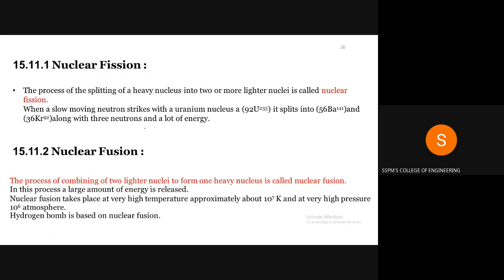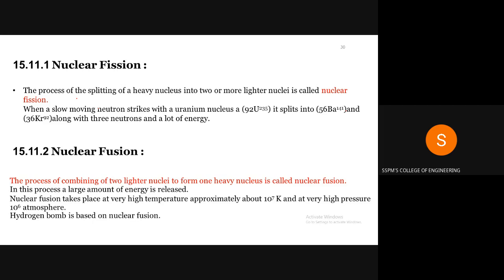Next one, nuclear fission. The process of splitting of a heavy nucleus into two or more lighter nuclei is called nuclear fission. When a slow-moving neutron strikes the uranium nucleus, uranium-235, it splits into barium-141 and krypton-92, along with 3 neutrons and a lot of energy.